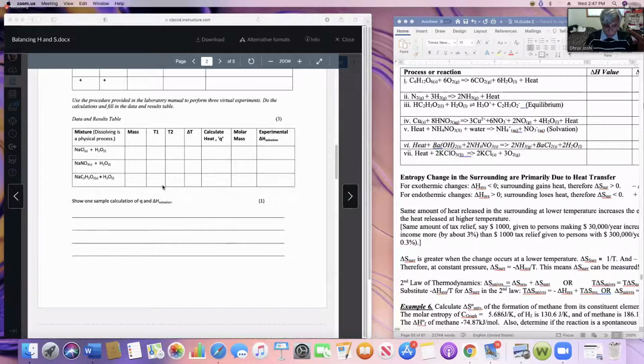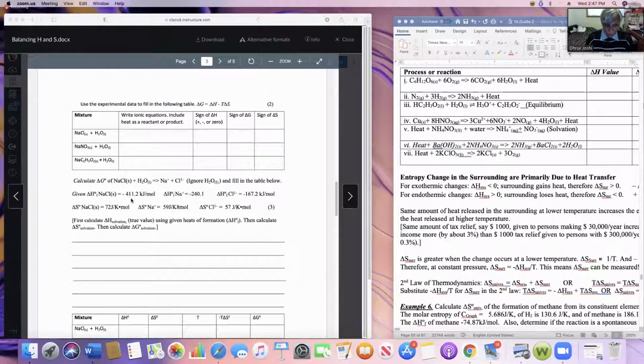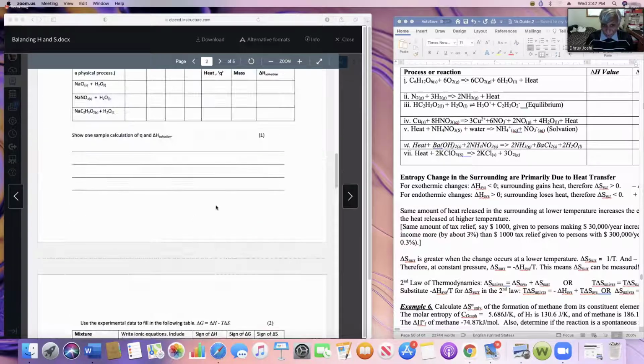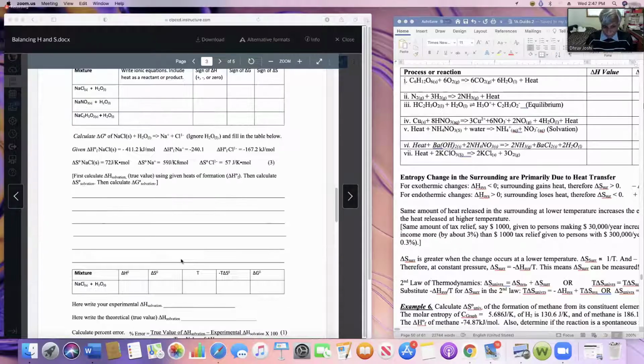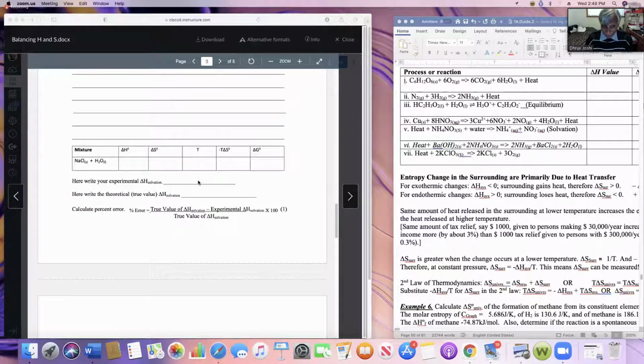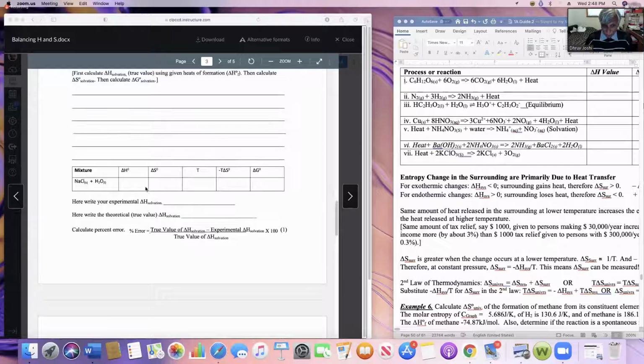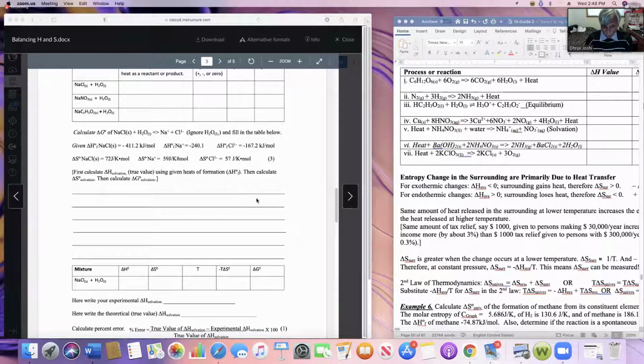That's what we are doing here. First calculate delta H solvation, true value. This is your true value because it came from calculation. This delta H value right here is your experimental value, and that is going to go over here. The theoretical true value is from the calculation here, and that you're going to calculate right now.